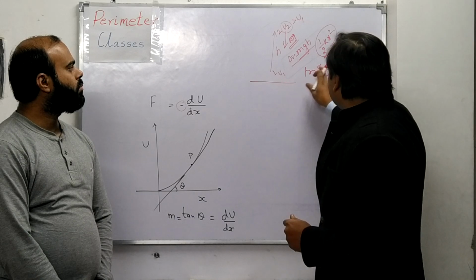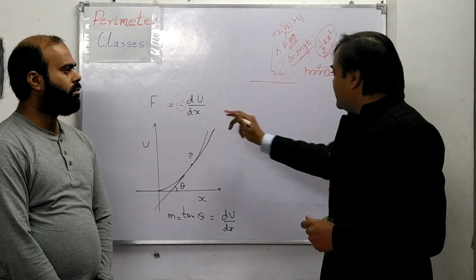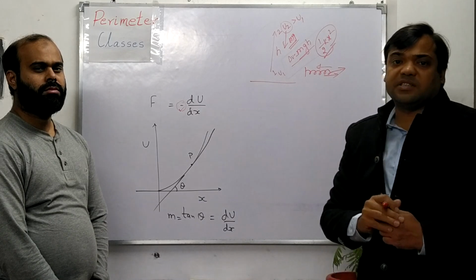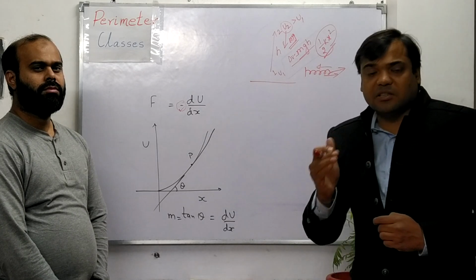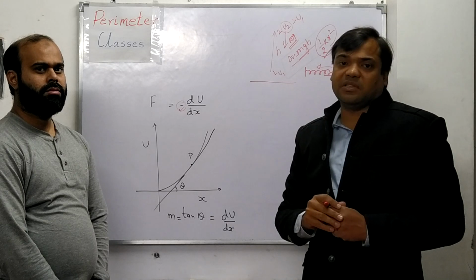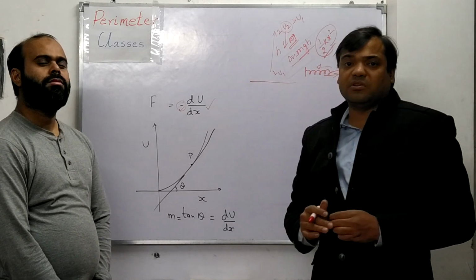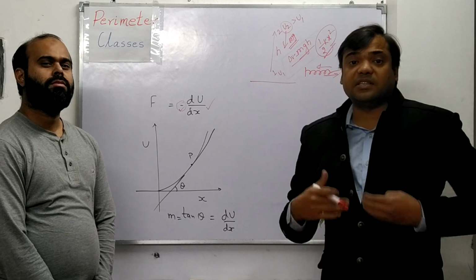So in both these conditions, you can easily understand that the negative sign represents that the decreasing direction of potential energy will give us the direction of force applied by the system. And this is how the differentiation will give you not only the value but also the sense in which the force is acting.